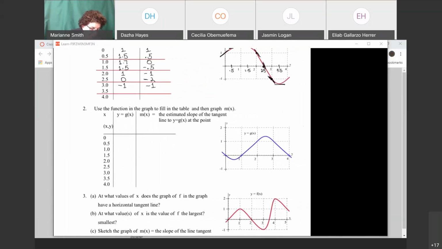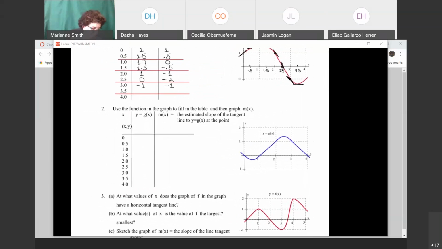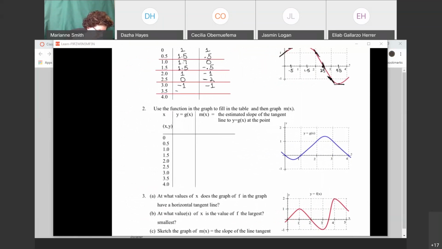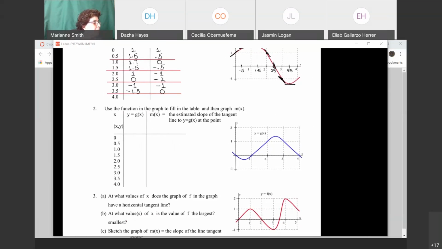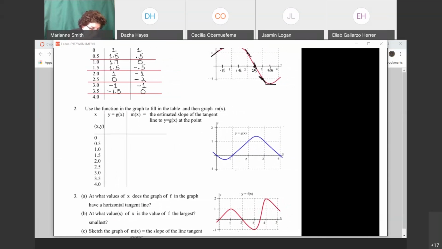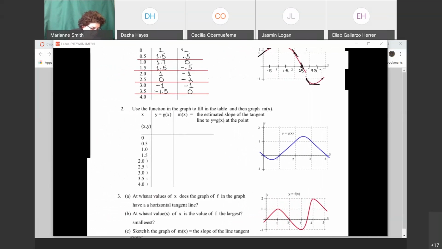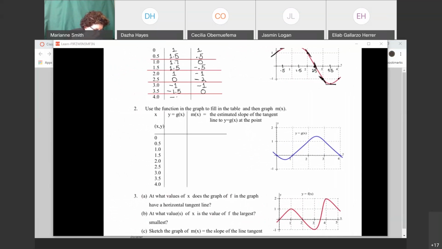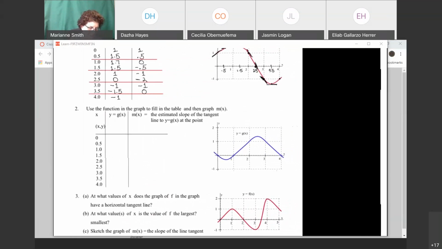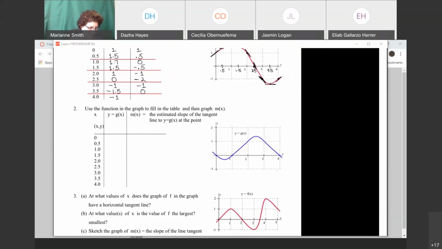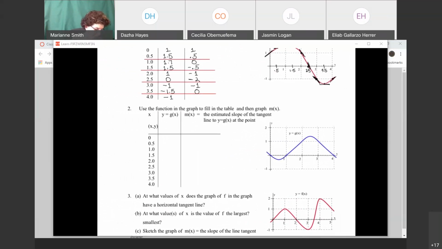I'm going to guesstimate what the y value is down there. Let's say it's at negative 1.5, but the slope is very definitely 0. And by the time I'm at 4, my y value is at negative 1, and my slope is now positive again. But again, not terribly steep. Let's say it's 0.5.